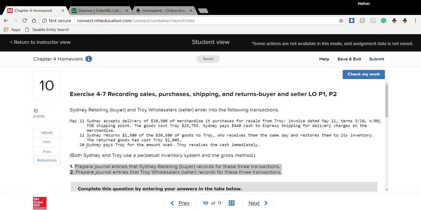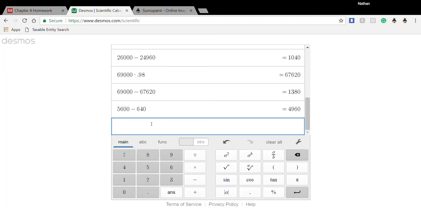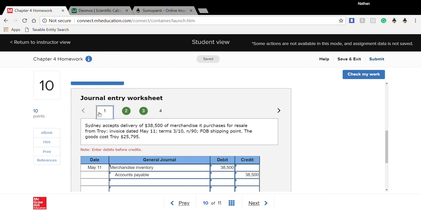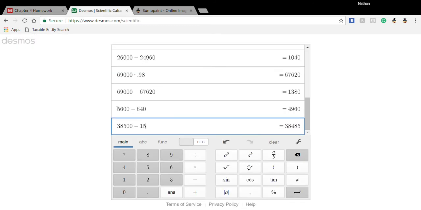But first, we had a return, and so our balance is actually down. How much does Sydney owe? We're going to take the $38,500. This was immediately what was in the account. And we're going to subtract the amount that we returned. So if you had a look at the cell right there, we returned $1,500, and we owe them $37,000.